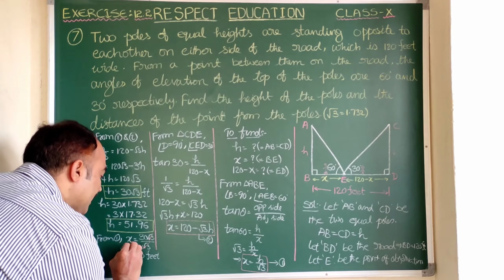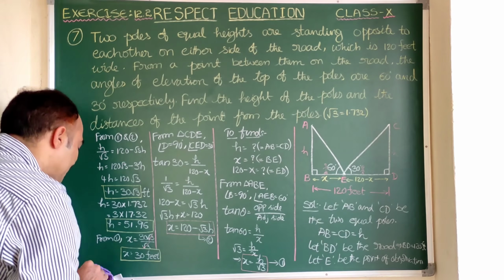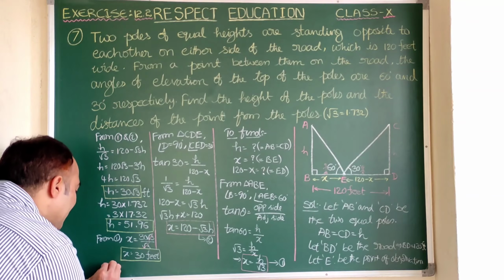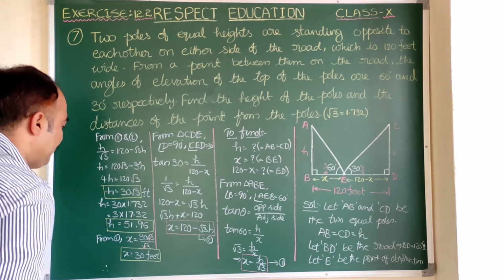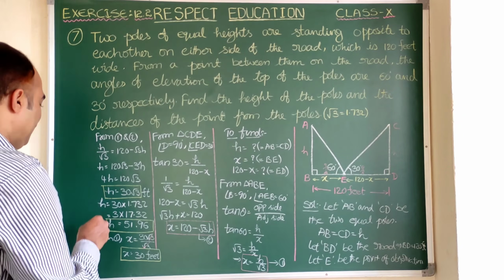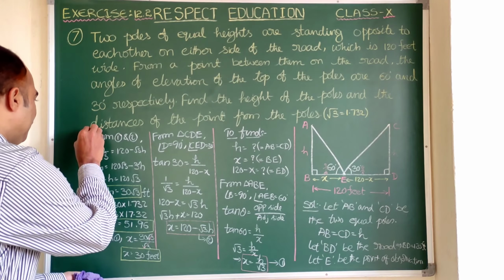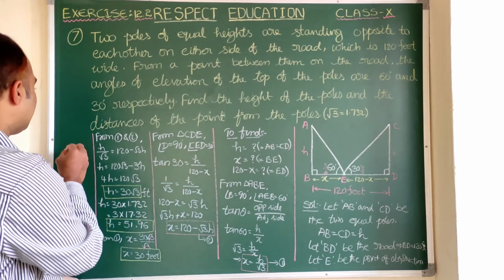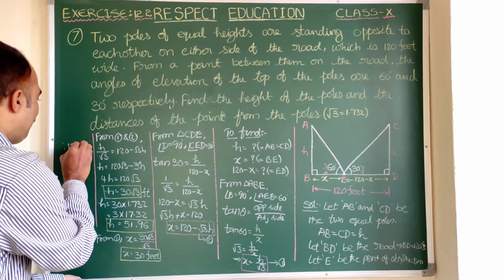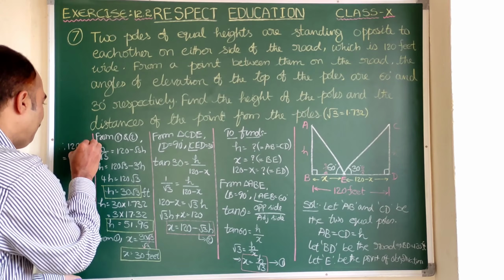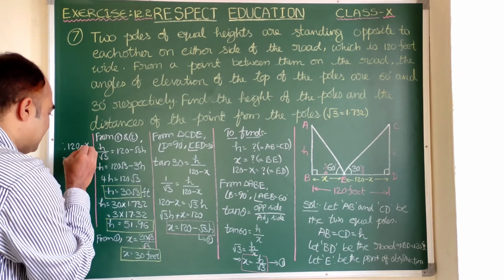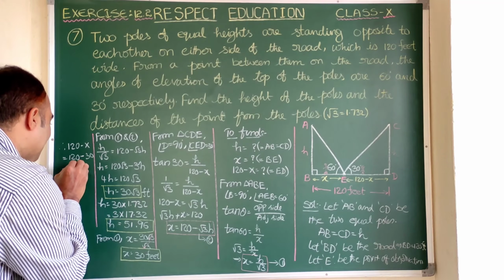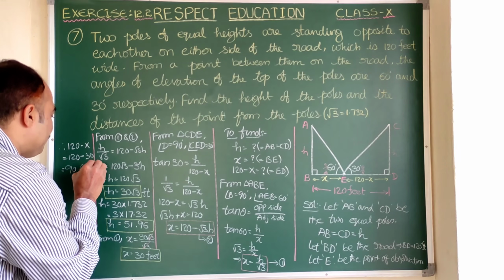Now we got H and X. Now we need to find 120 minus X. Therefore 120 minus X is equal to 120 minus 30, which is 90, and the units are also feet.